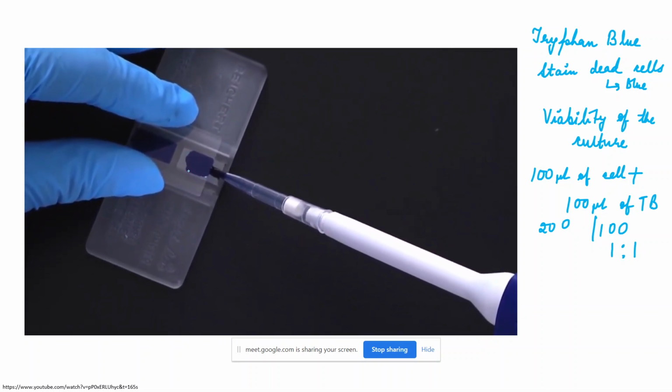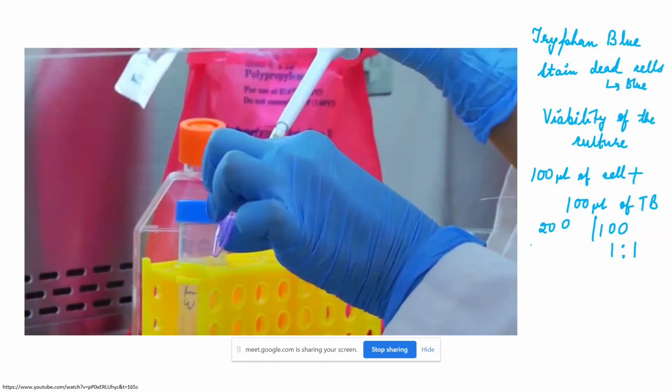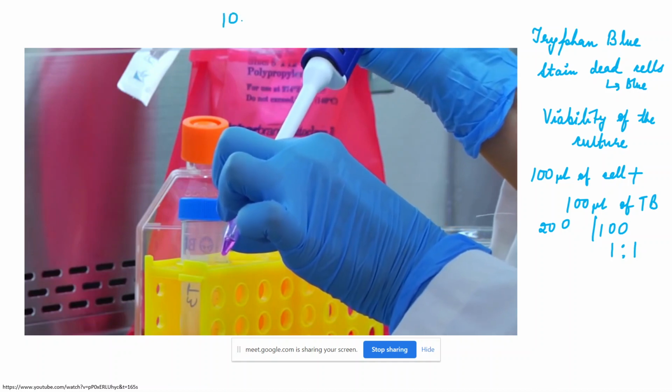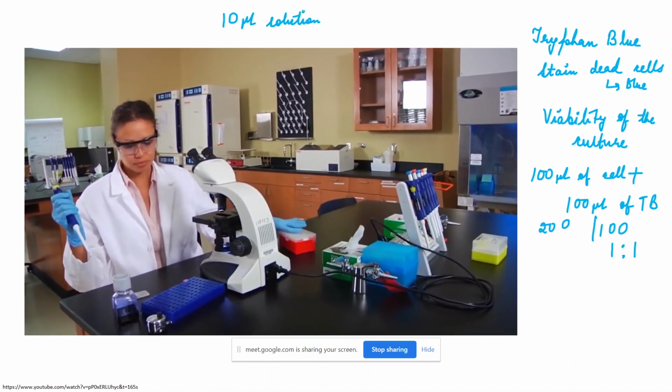So you can see how it's going in the chamber. We usually add around 10 microliter of solution in the hemocytometer chamber.